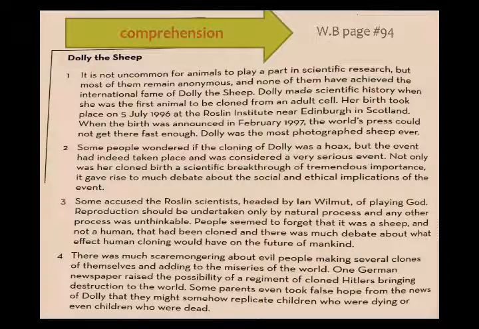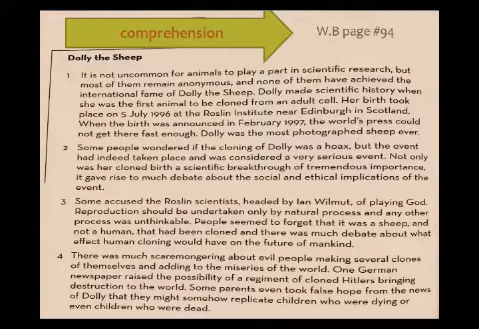I'm starting. It is not uncommon for animals to play a part in scientific research, but most of them remain anonymous and none of them have achieved the international fame of Dolly the sheep. Dolly made scientific history when she was the first animal to be cloned from an adult cell.